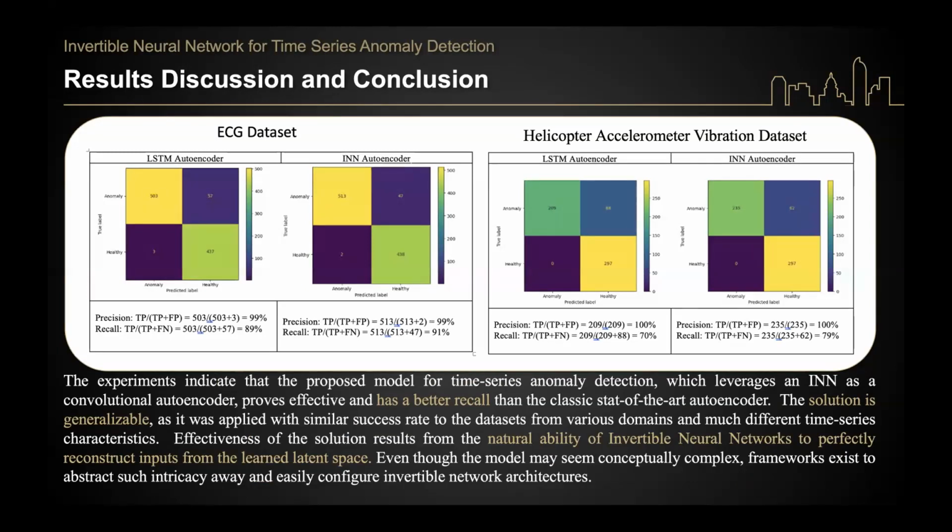With that, we concluded that, given the level of experimentation we did, this is a viable approach: the invertible neural network trained as an autoencoder for images previously and then for time series data is a very interesting solution for anomaly detection.